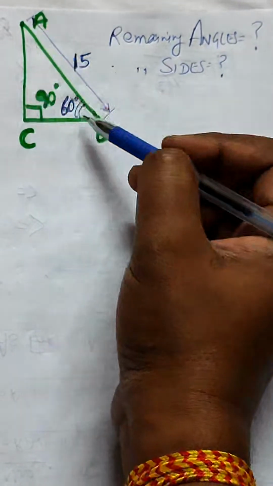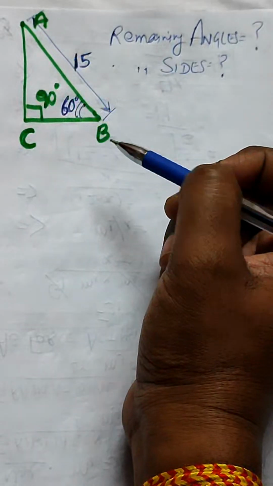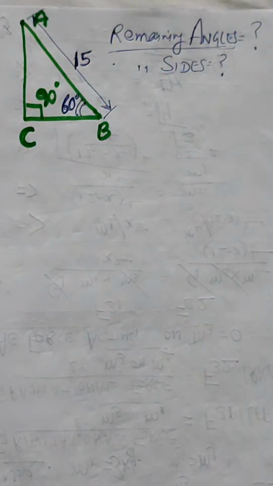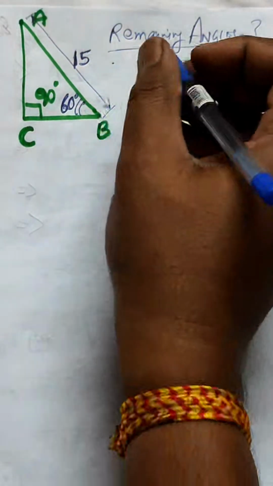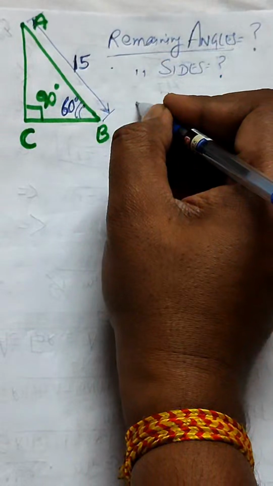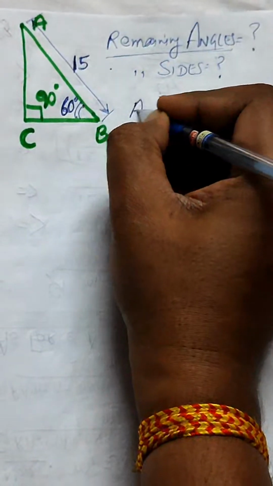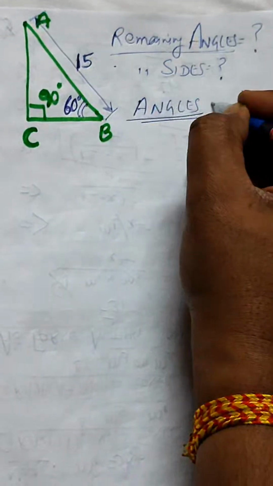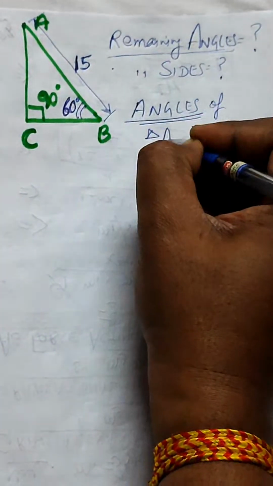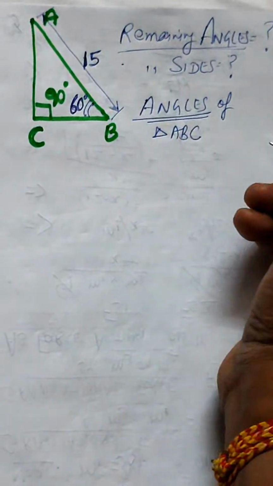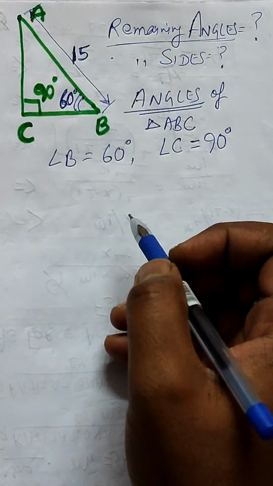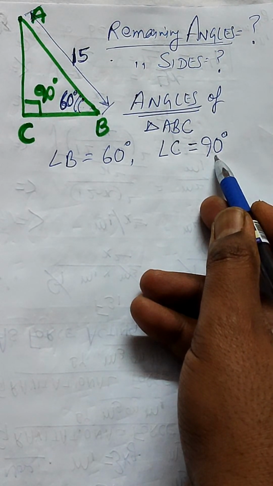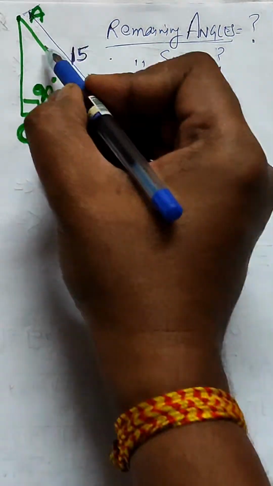In a triangle there are three angles, so let us calculate the angles of triangle ABC first. Angle C is 90 degree. Now the third angle is left, that is angle A.